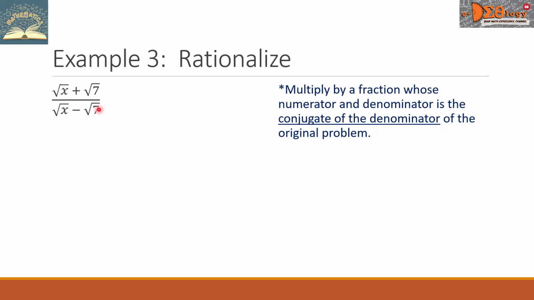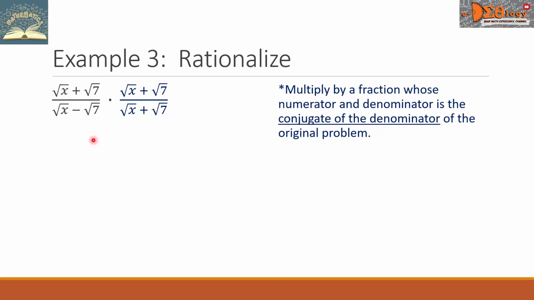So we see that our denominator is square root of x minus square root of 7. And the conjugate is square root of x plus square root of 7. And this value of conjugate we copy in the numerator.